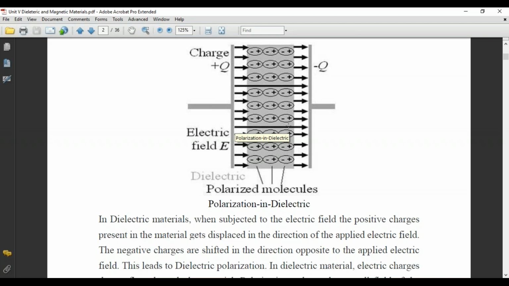Whenever you apply an electric field to any dielectric material, first it creates a dipole moment. Then the dipole moment causes polarization in the molecules. That means all the dipoles move in the direction of the applied field. The positive charge always moves in the direction of the field, and the negative charge always moves opposite to the field direction. This is what happens in dielectric materials. That phenomenon is called polarization.